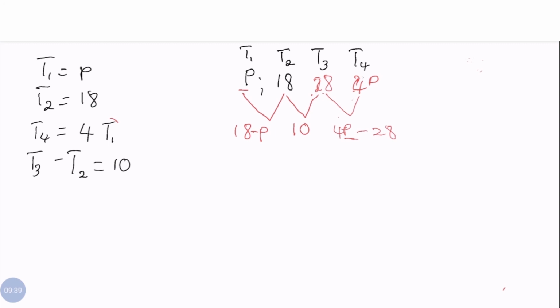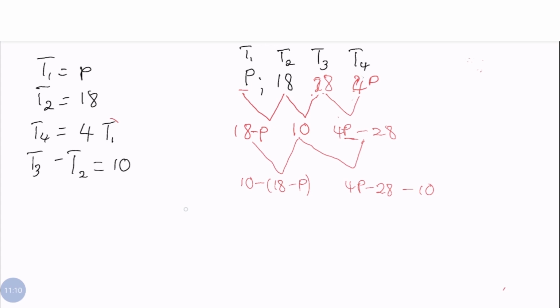So now that we know the first differences, let us find the second differences, which are the common differences. So that is 10 minus (18 minus P). And from here as well, we will subtract 4P minus 28 minus 10. What we know is that this should give the same answer.